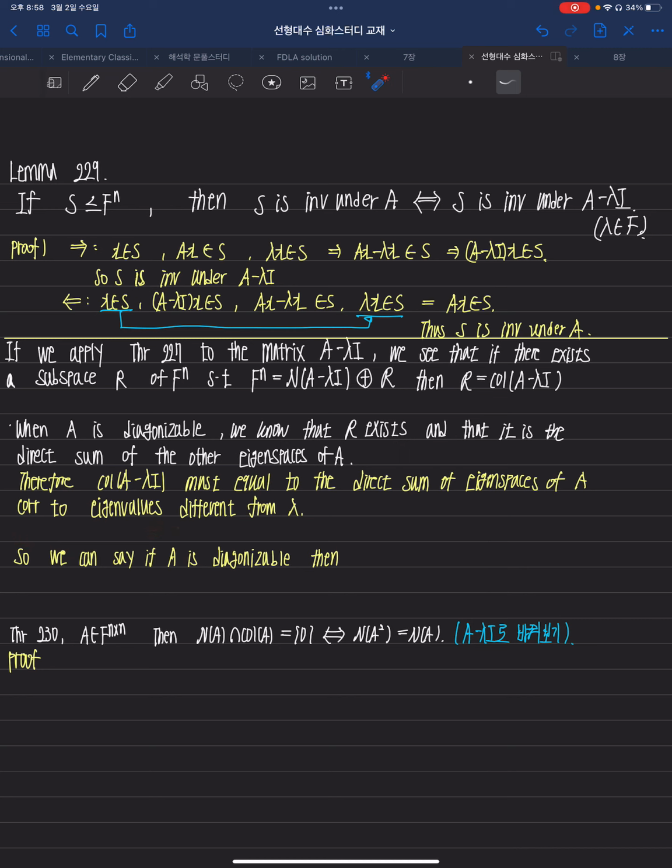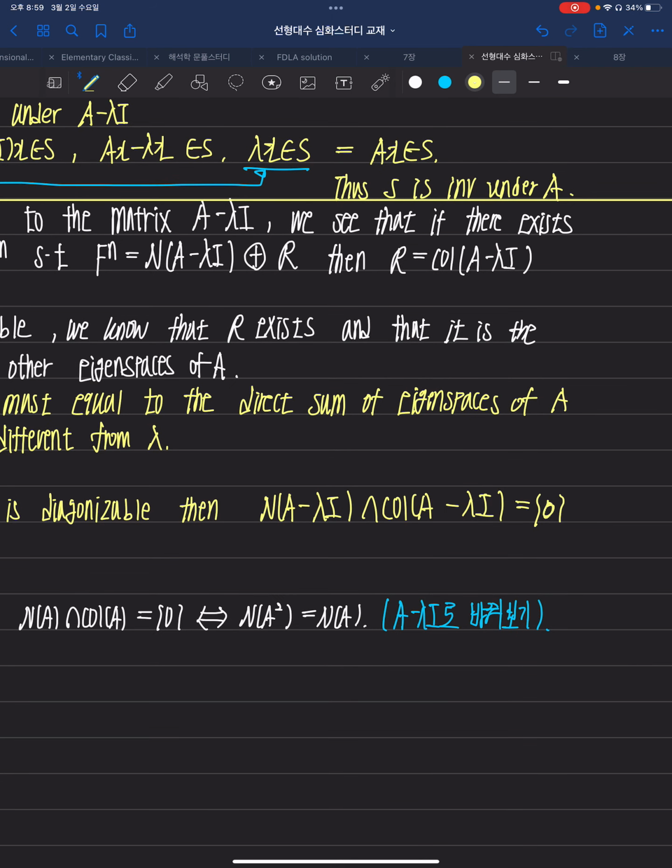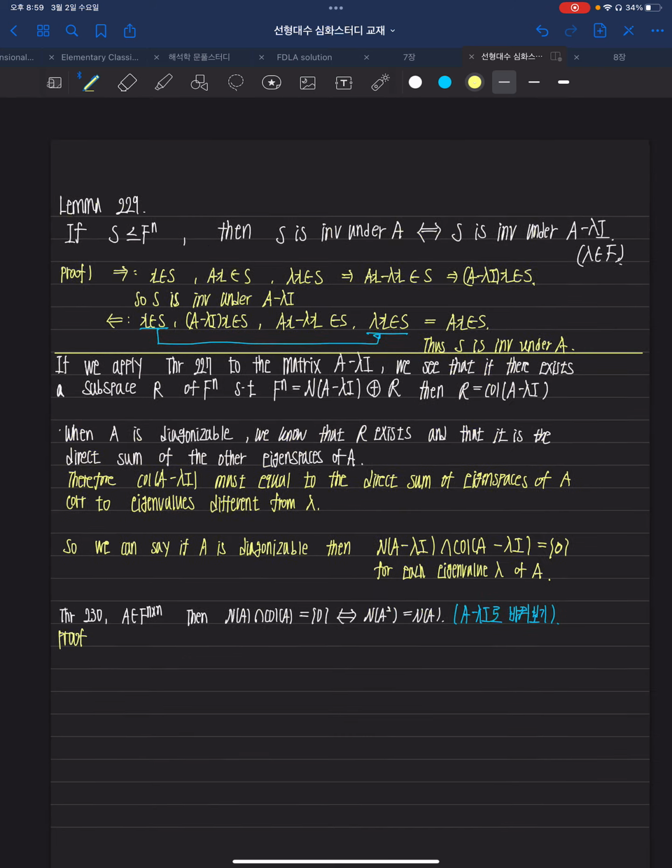So we can say, if A is diagonalizable, then for each eigenvalue lambda of A, this condition holds.